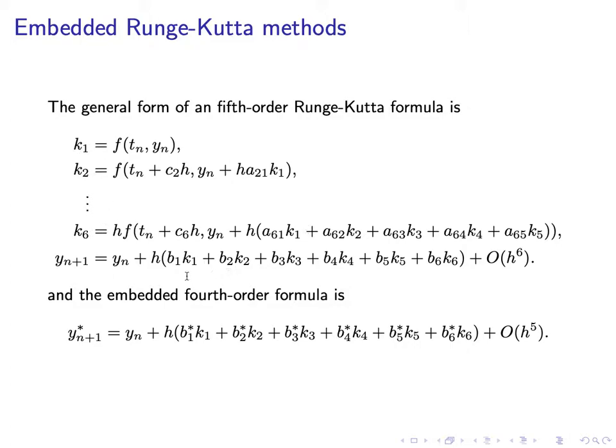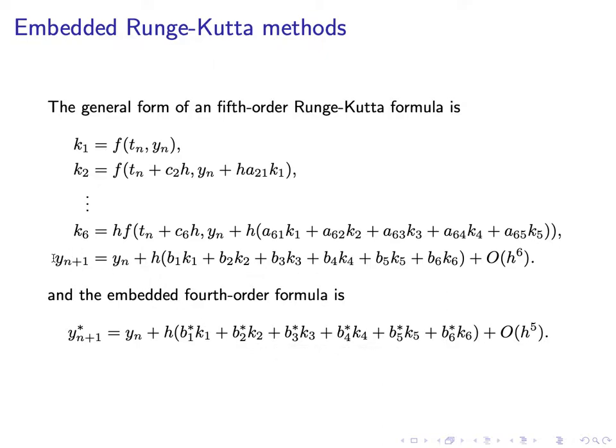Okay, and we update our value yn plus 1 equals yn plus a weighted sum of our stage values. So that's a fifth order method. Now, using the same values of k1, k2, etc., we can calculate a fourth order method using those same values. So this is what we call an embedded method.